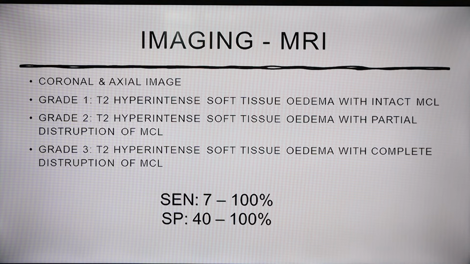So MRI has less sensitivity and specificity in mild cases. If you have a grade 2 or grade 3 MCL tear, MRI is very good at detecting that, or deeper structures such as ACL and PCL. Arthroscopy is extra-articular, but you can see it going from the inside.